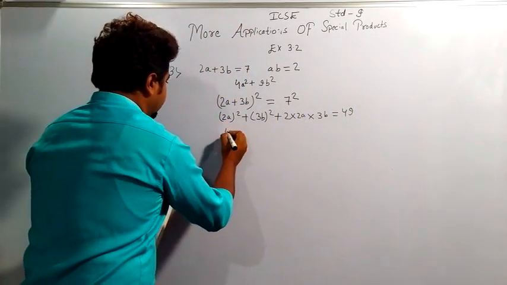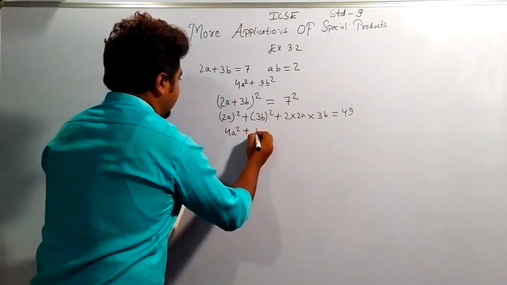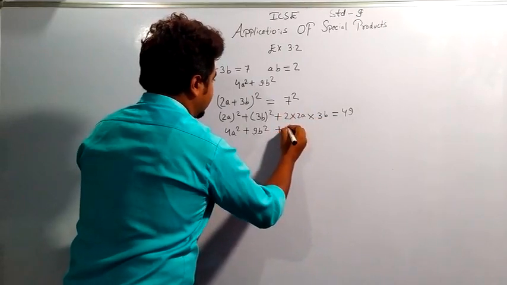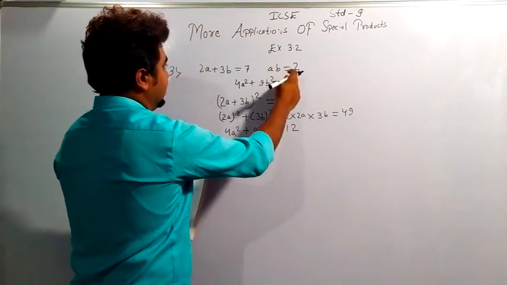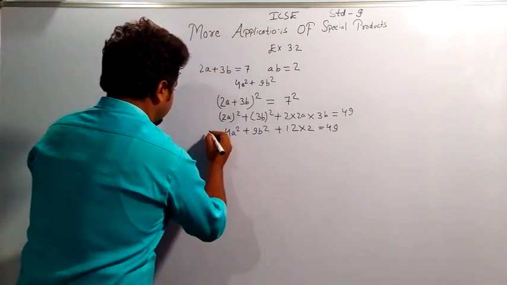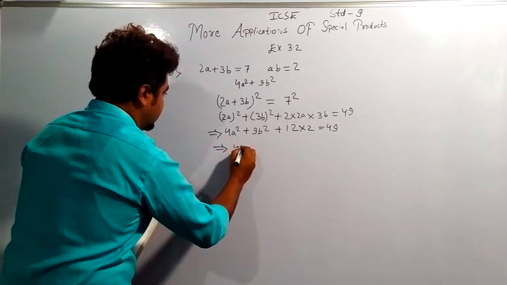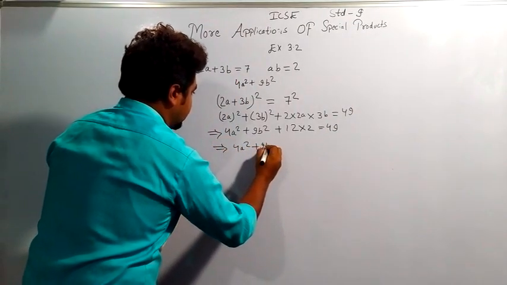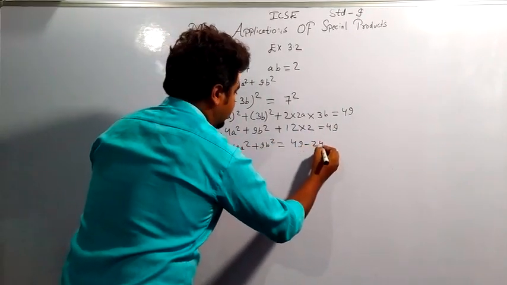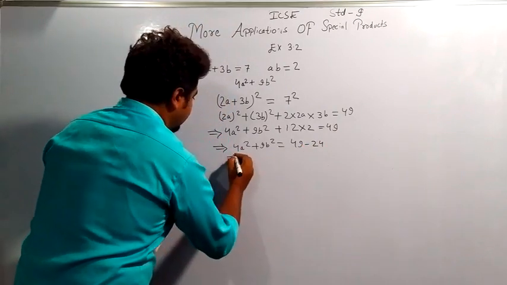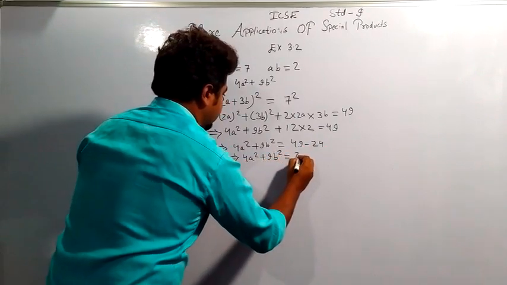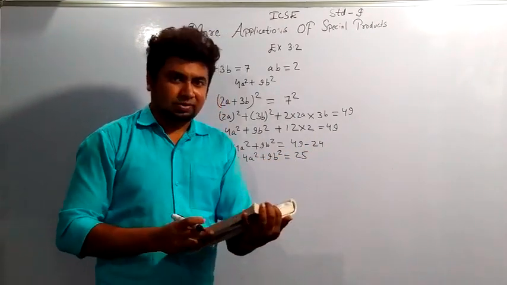So this will become 4a square, this is 9b square, and 2 into 2 into 3 is 12ab. The ab value you know is 2. So from here we get 4a square plus 9b square is equal to 49 minus 24, as 12 into 2 is 24. So 4a square plus 9b square equals 25. So this is question number 3.